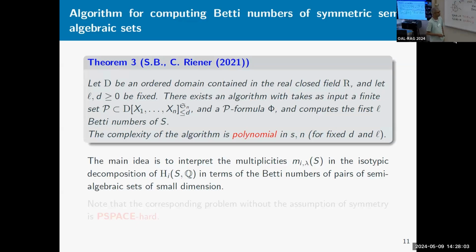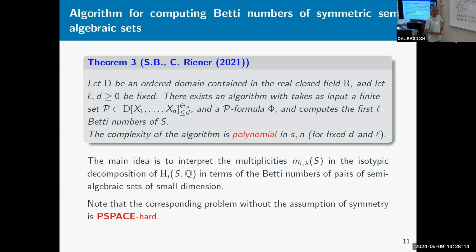And the main idea is to interpret these multiplicities in the isotypic decomposition in terms of Betti numbers of pairs of some semi-algebraic sets of small dimensions. The corresponding problem without the assumption of symmetry, even if you want to compute the small dimensional homology, is extremely hard.